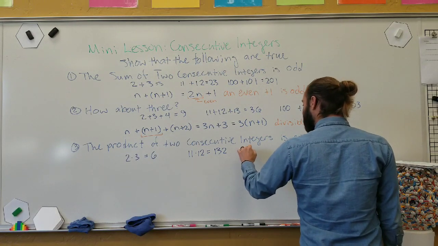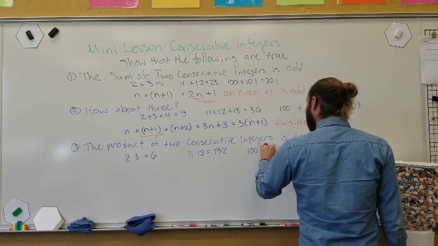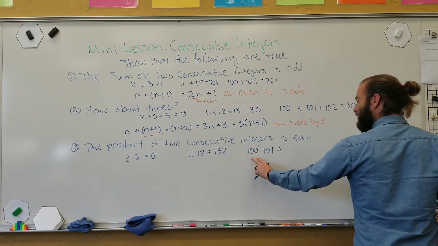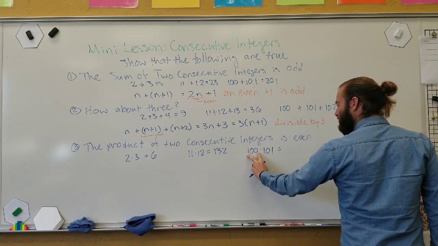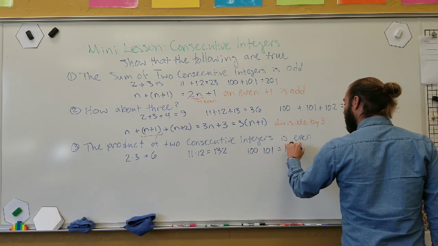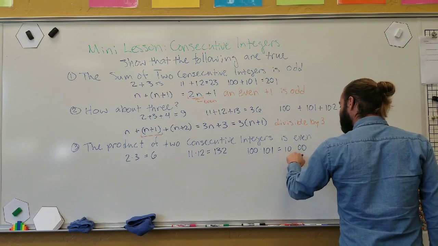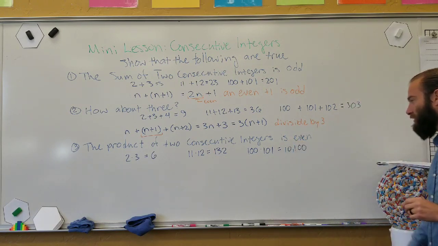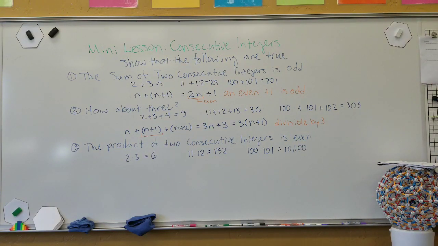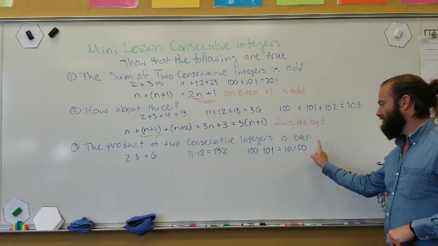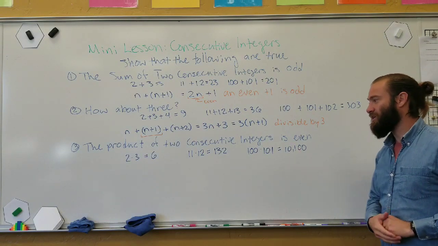And then 100 times 101, looks a little scary, but remember we're multiplying by 100, so actually it's just 101 with 2 zeros. So that's going to be 10,100. And again, our examples at least agree with the statement that they're all even.